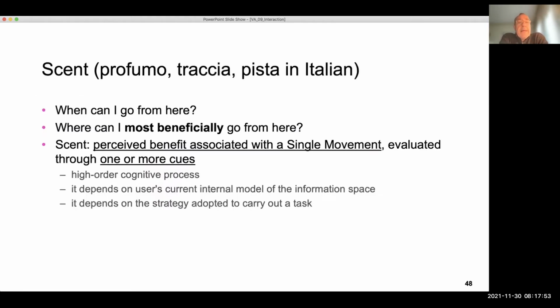And this is the idea that Bob Spence called the scent. Scent is, in Italian, profumo, traccia, pista. Think of a dog that is smelling some smells for understanding where to go, what to follow, to answer the question, where can I go from here?